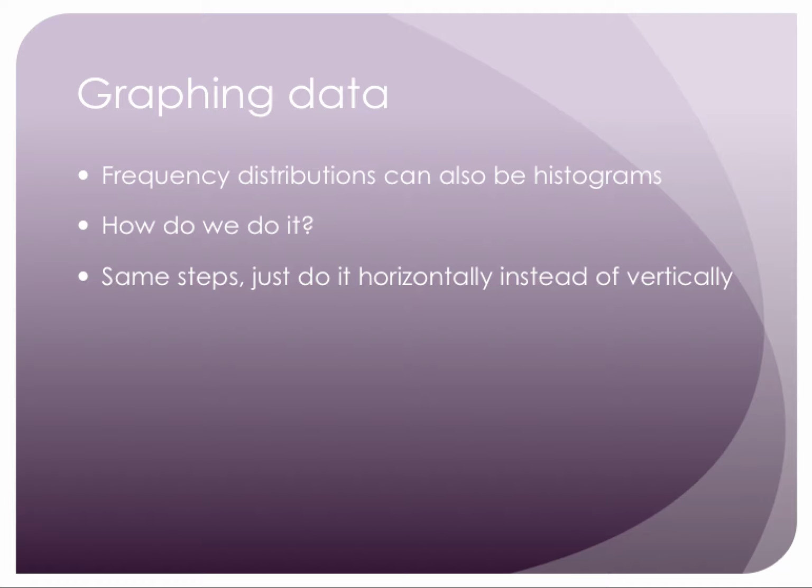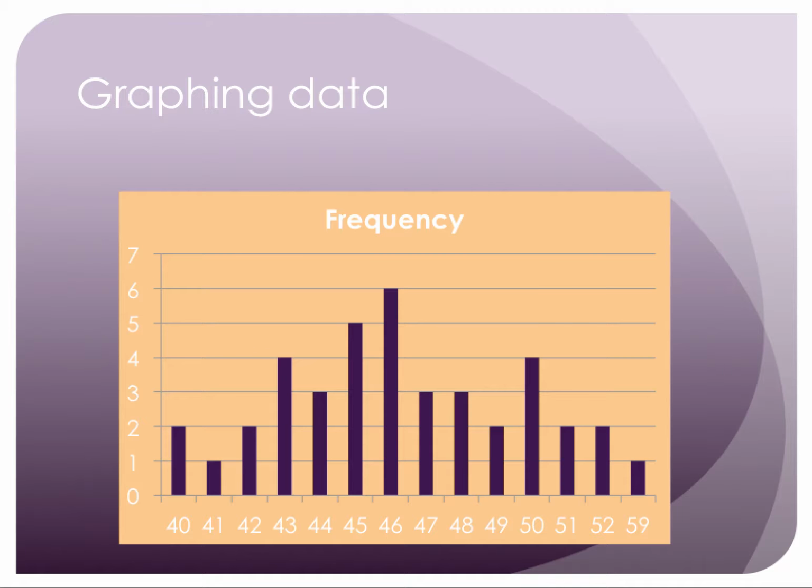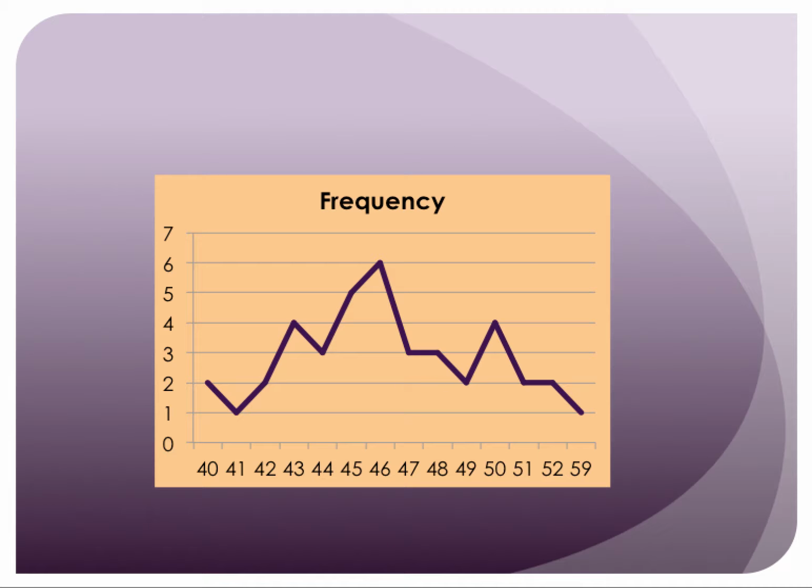Oh, I'm sorry, horizontally instead of vertically. So it's not actually very complicated. You really just, instead of putting the numbers along the y-axis, you would put them along the x-axis. When you do that, you can get a frequency distribution like this, and you can get more fancy, and you can do other ways of doing it as well once you've got your data plotted.